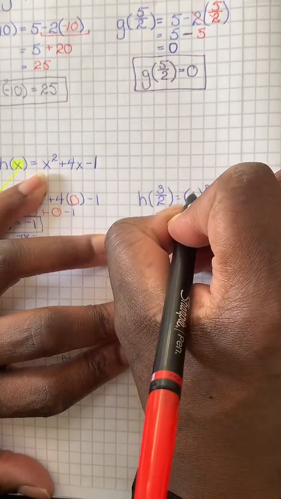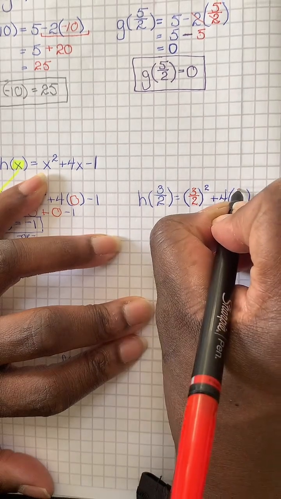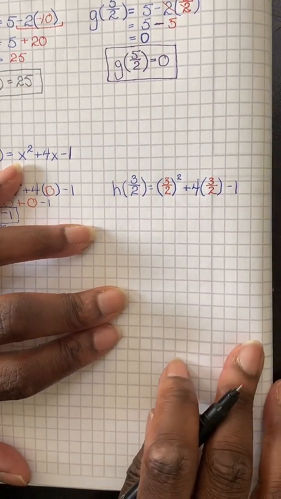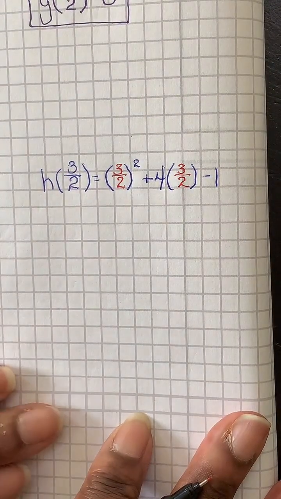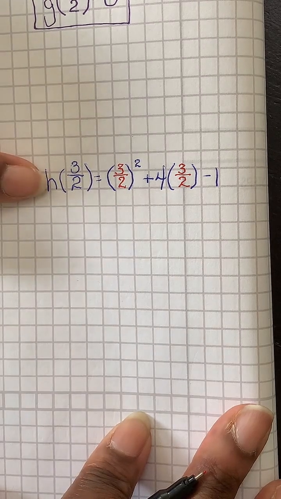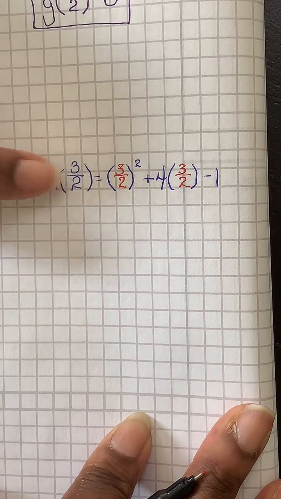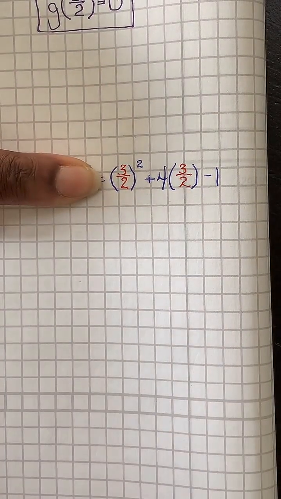All right, so my 3 halves are going in for the x. Let me zoom in so we can see. We're not doing anything with the h of 3 halves. That's just a reminder of what you plugged in for the x's. So we're good with that.